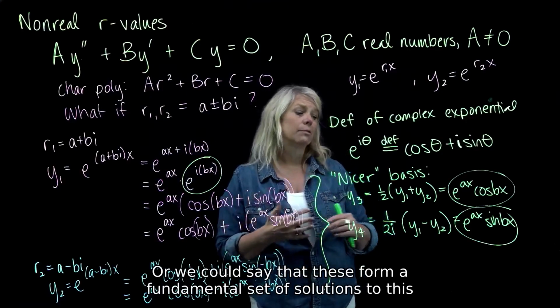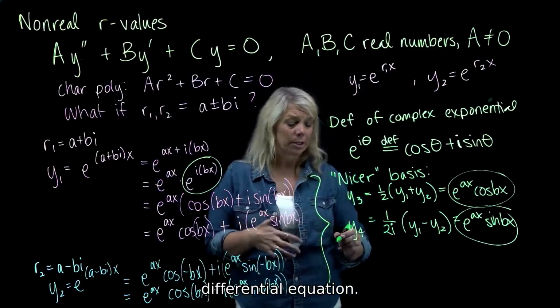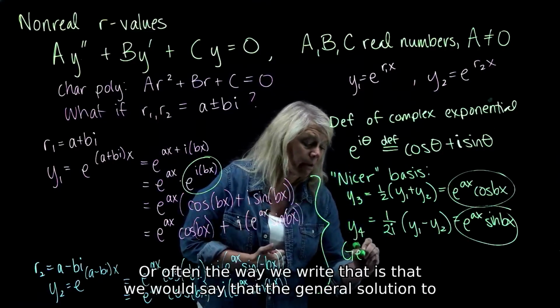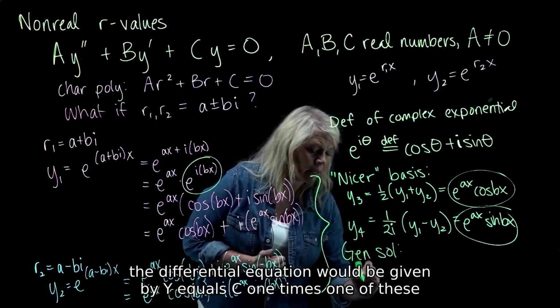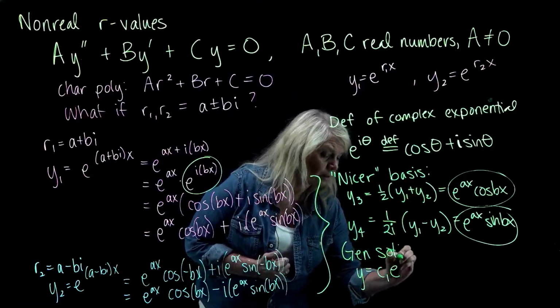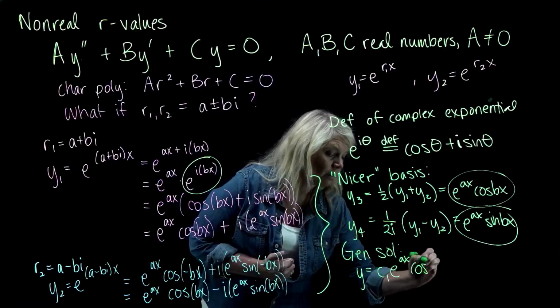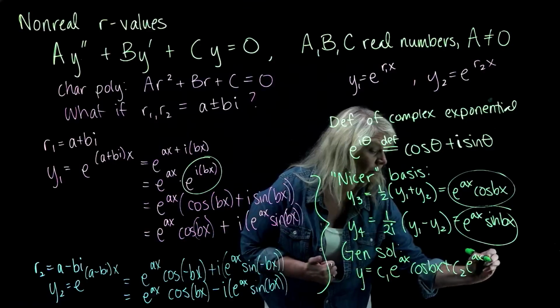Or we could say that these form a fundamental set of solutions. Or often the way we write that is that we would say that the general solution to the differential equation would be given by y equals c1 times one of these plus c2 times the other one.